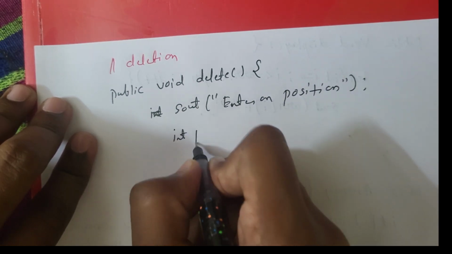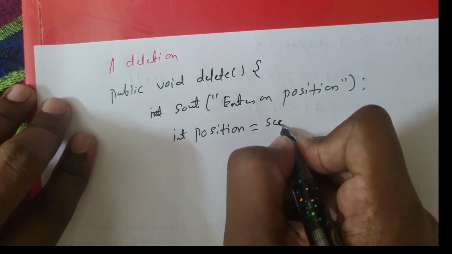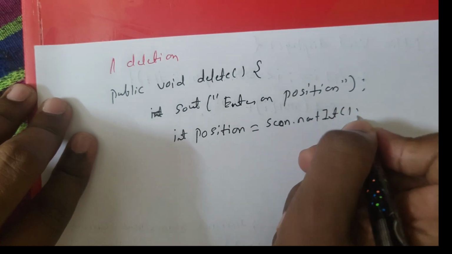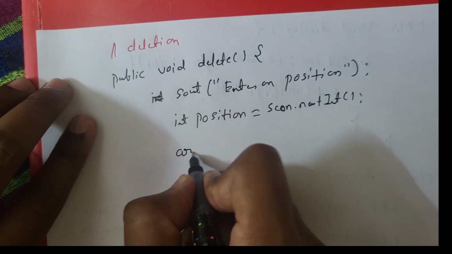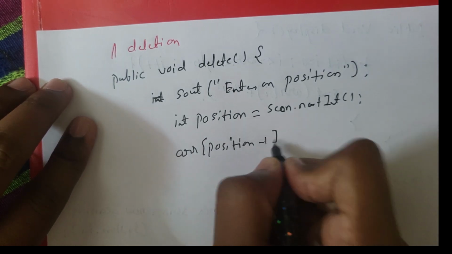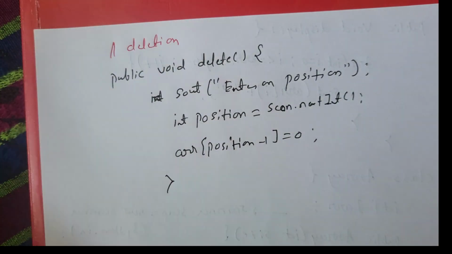So simply we will store it in the position variable, and simply we'll make array of position minus 1 equal to 0, right? That's it about the deletion.